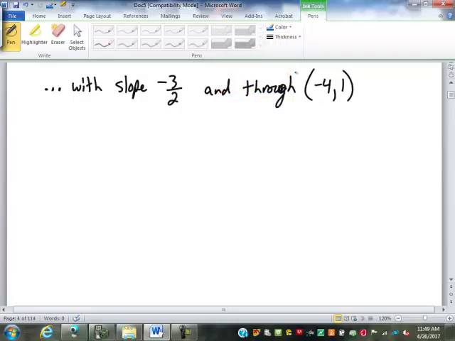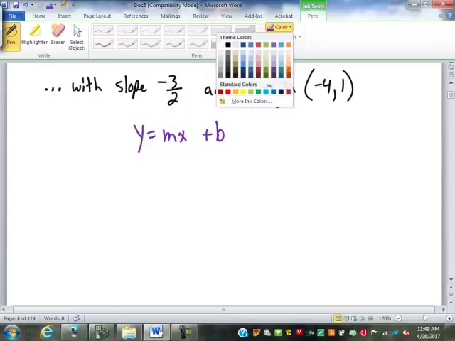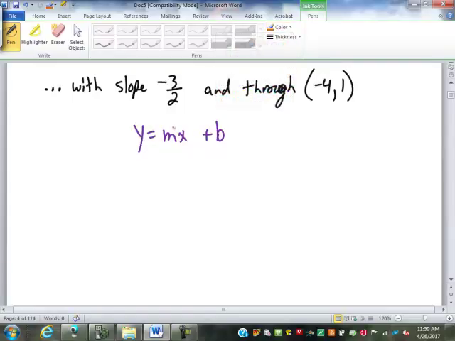Okay, so again, we know that this takes the form y equals mx plus b. We know at this point that m, the slope, is negative 3/2.